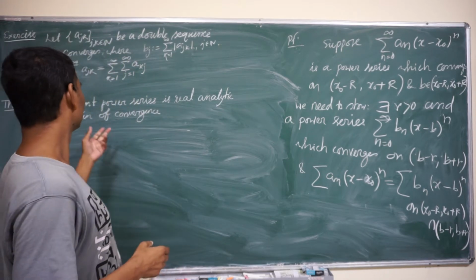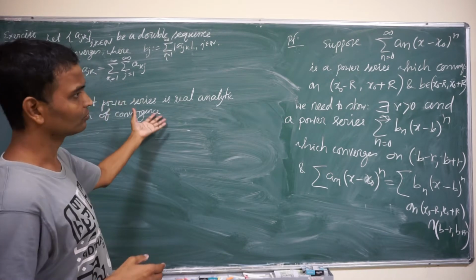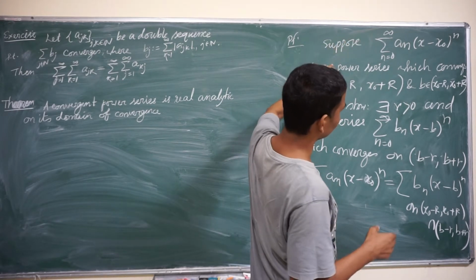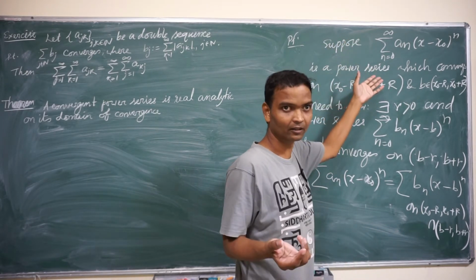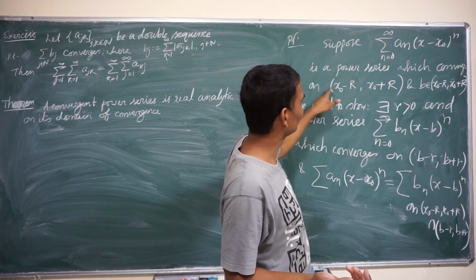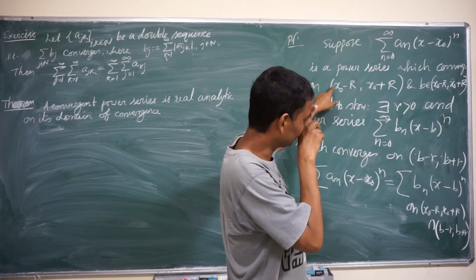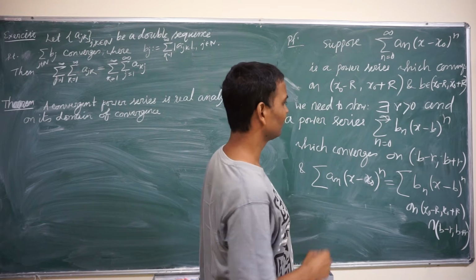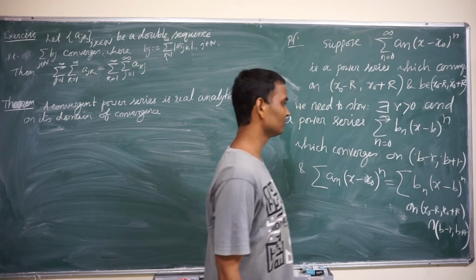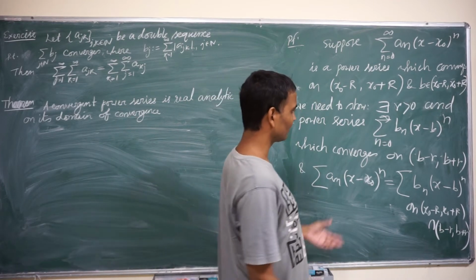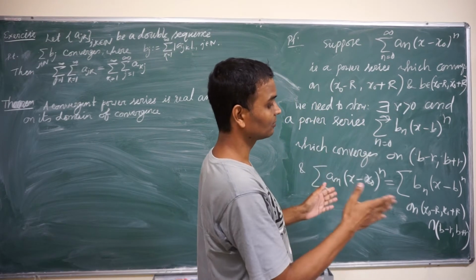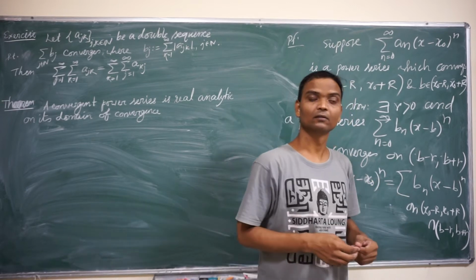All right. So now what we need to show is, if we are given a power series which converges here, so we can assume R to be the radius of convergence, then around every point B in this neighborhood, you will have a small r greater than 0 and a power series around B such that both the power series are equal on the intersection.